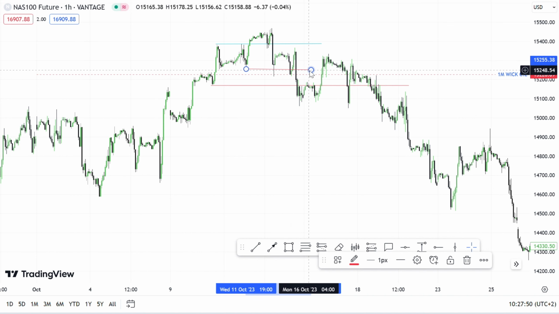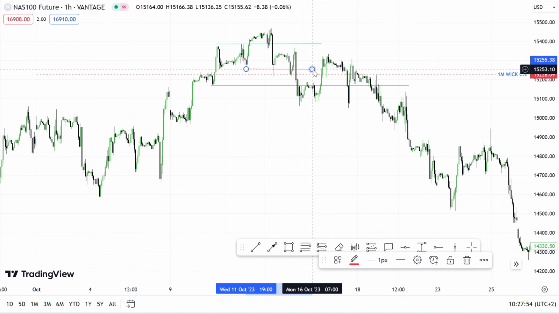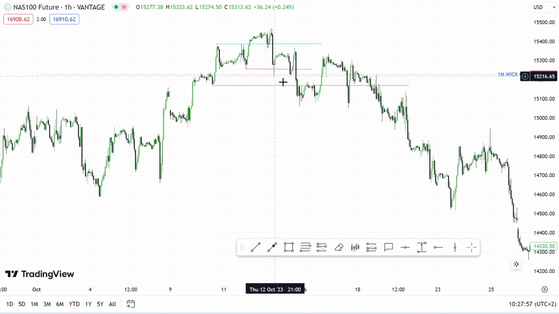What do you see happening on the charts? Look at it properly. You see the market taking this low, coming back into the fair value gap, which is here. After coming back into this fair value gap, because we took a low, also here, we also took a low.